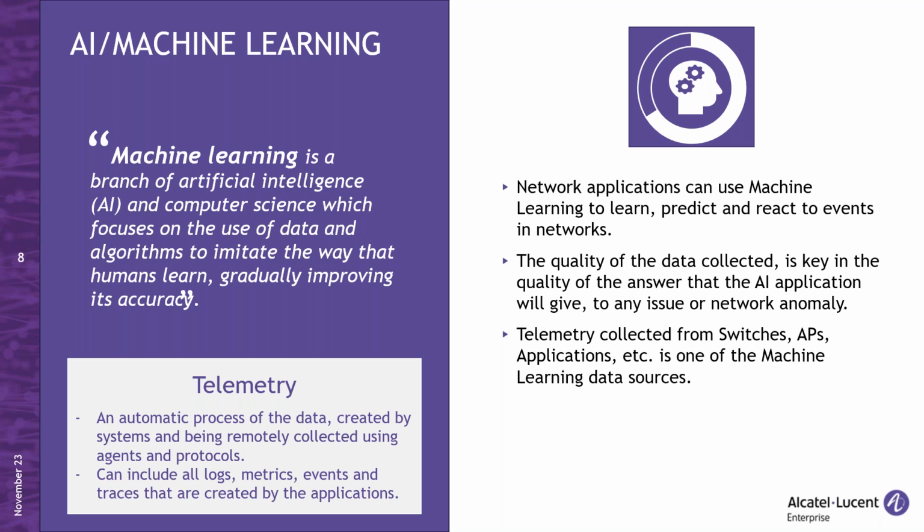The quality of the data collected is fundamental. If you want better outputs from these AI solutions, you need to have good information collected. Telemetry is one of those sources of data. You have the definition on the left, at the bottom: logs, metrics, events, and traces can be collected from multiple systems in the network.